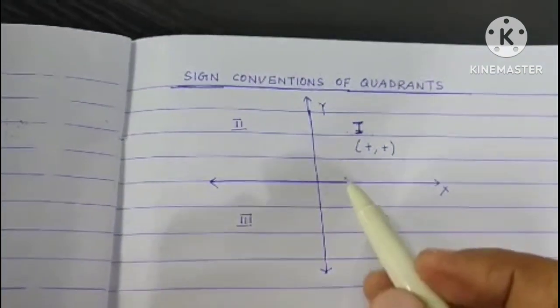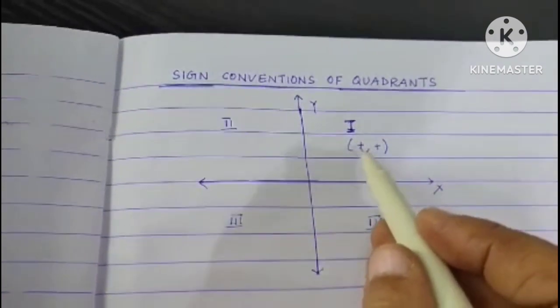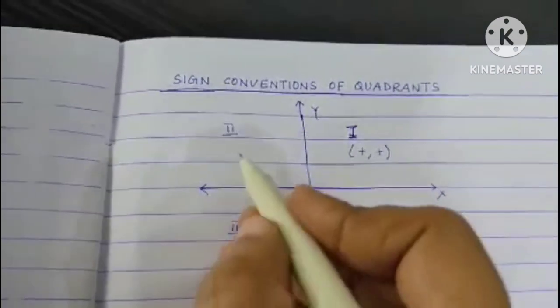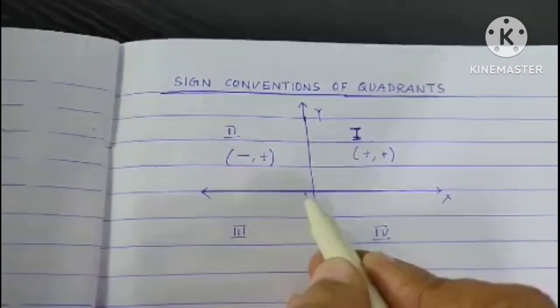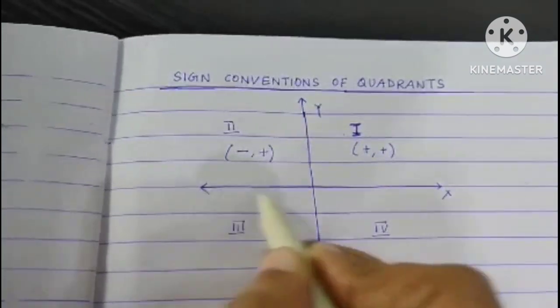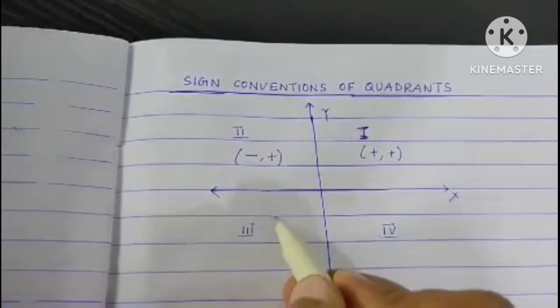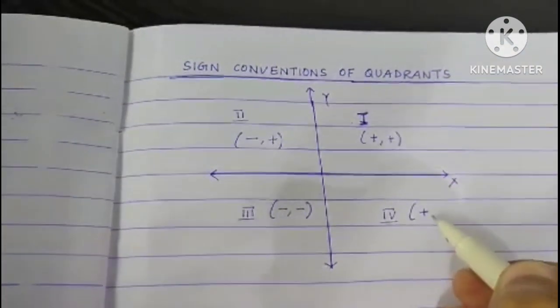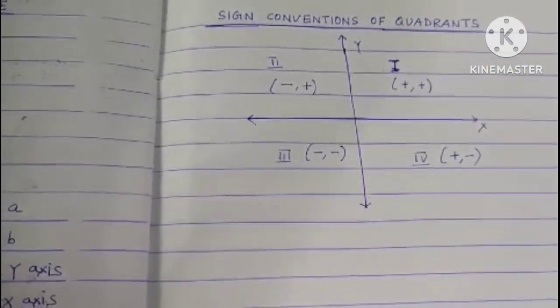You have understood how we write the coordinates of a point: first the x coordinate, then the y coordinate. So the x coordinate will be plus here, and the y coordinate will also be plus here. And here the x coordinate will be minus and the y coordinate will be plus, because this is enclosed by the negative x axis. So plus plus, minus plus, here both will be minus, and here it will be plus and minus.